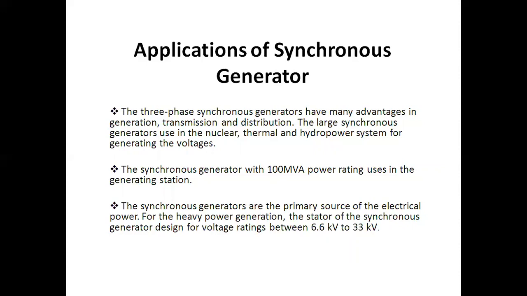Synchronous generators are the primary source of electrical power. For heavy power generation, the stator of a synchronous generator is designed for a voltage rating between 6.6 kilovolts and 33 kilovolts. So these are the applications of the synchronous generator.